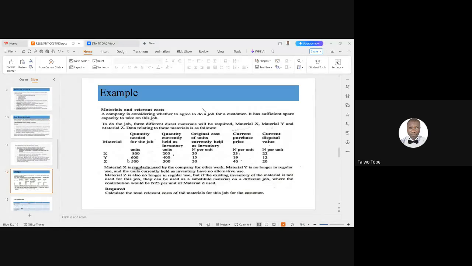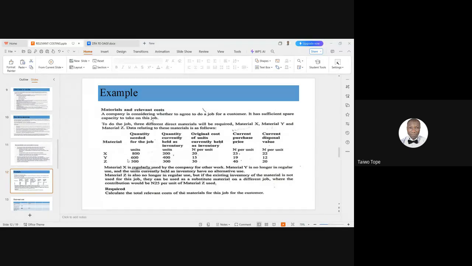So that opportunity cost is the relevant cost as far as material Y is concerned. Take note, it is one of the relevant costs. So 400 multiplied by 12 is an opportunity cost: 4,800. That will be the relevant cost.